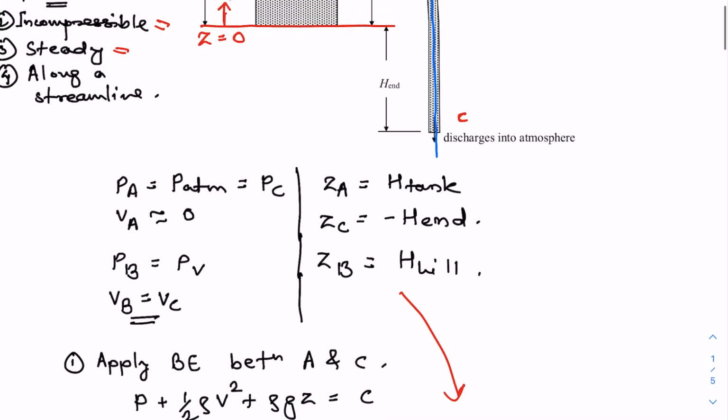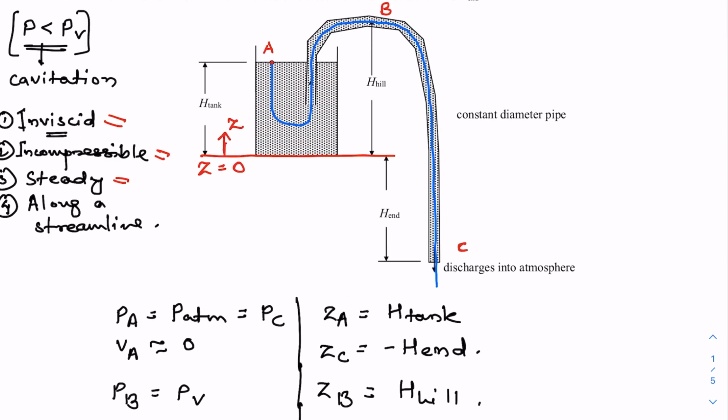Now, the second step is basically finding out what this H hill is, such that the pressure at B is the cavitation pressure. So to do that, let's just apply Bernoulli equation between point A and point B along the streamline as I showed.